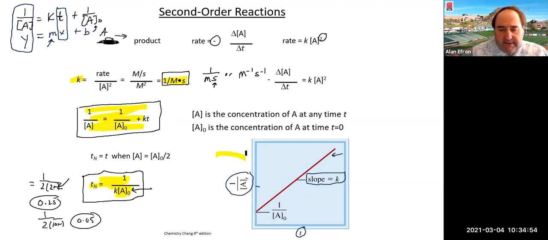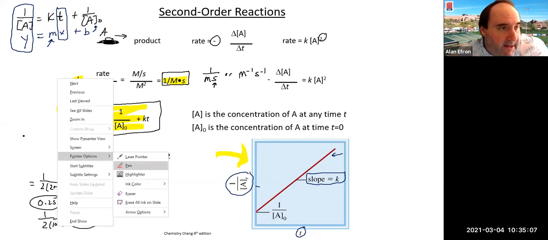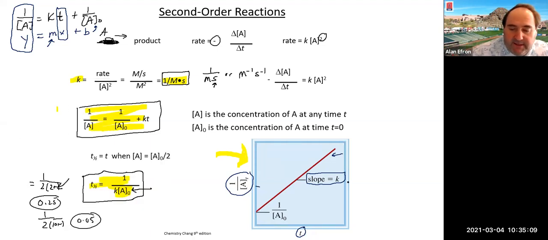And you need to know the common graph associated here with second order, again yielding you a straight line. It's the only one typically we come across that yields a straight line in the positive direction. Also a reminder that this is plus, not minus, in this particular one.